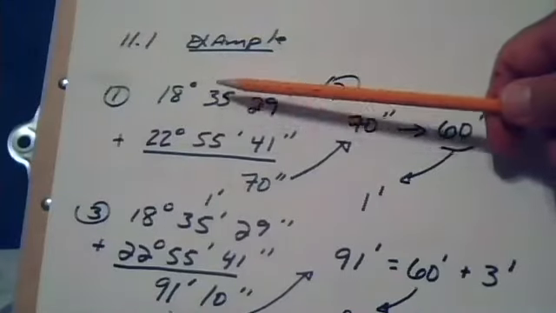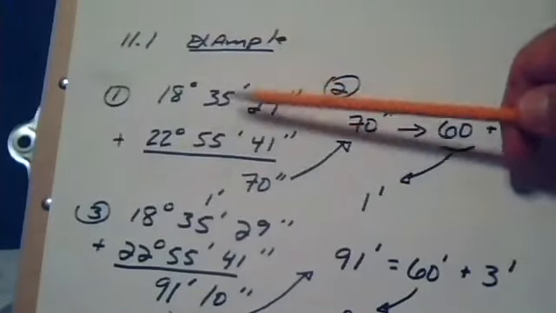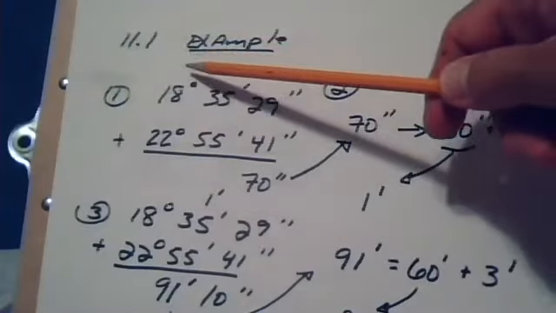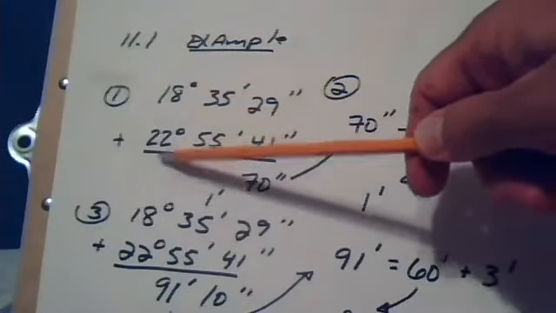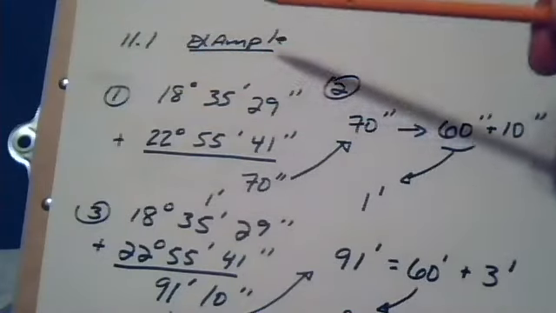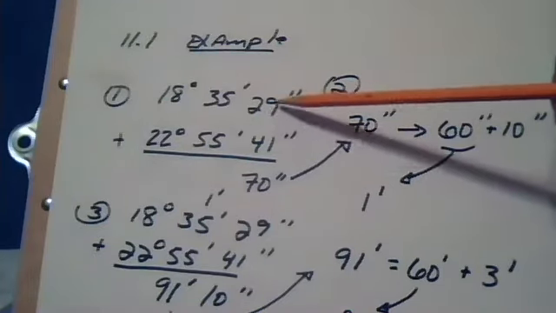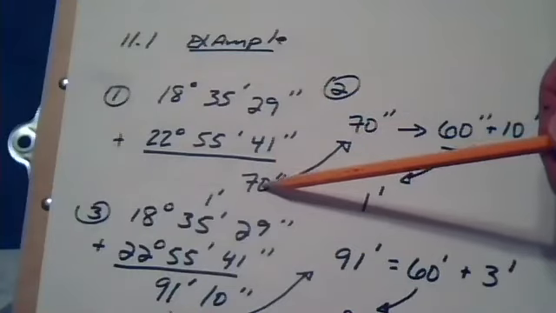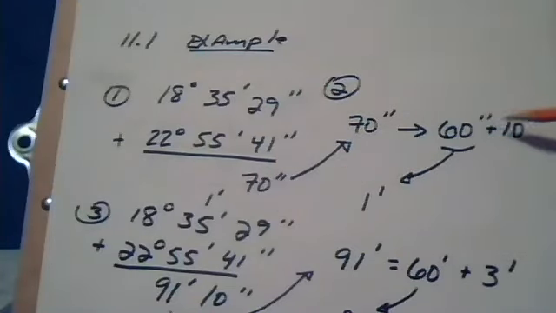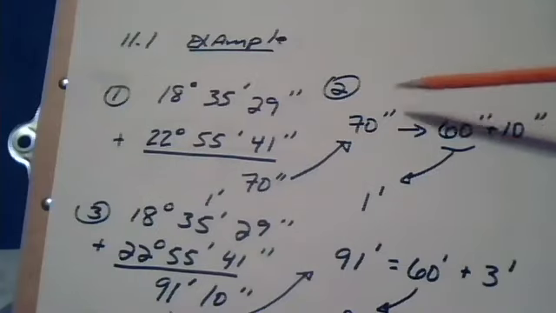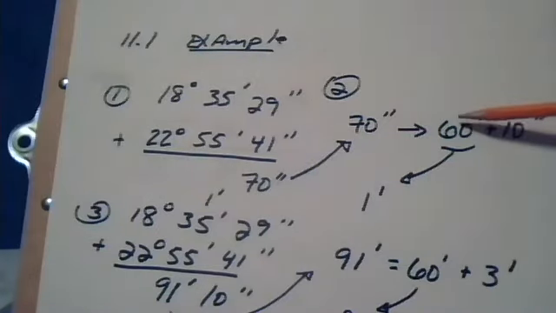Now we're going to add these two measurements of angles. So make sure you line them up, the degrees with the degrees, the minutes with the minutes, and the seconds with the seconds. So notice 29 plus 41 is 70. Every time you hit a quantity of 60, you need to carry it over. So 70 is 60 plus 10, 60 seconds plus 10 seconds.